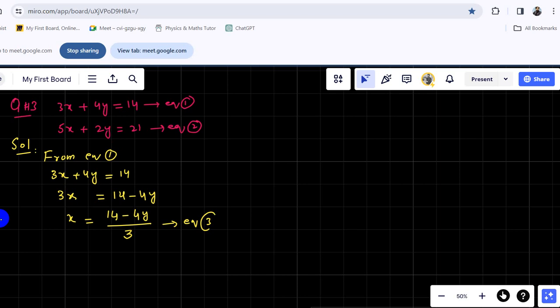In the bottom equation, so substitute in equation 2. So it will be 5 divided by 3.